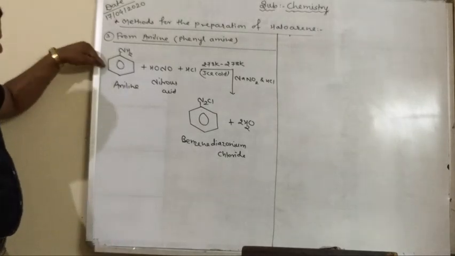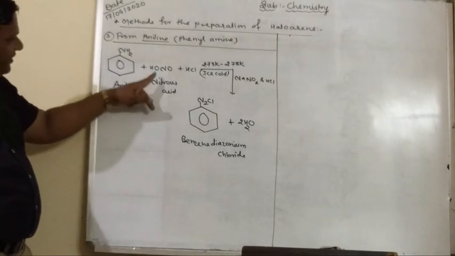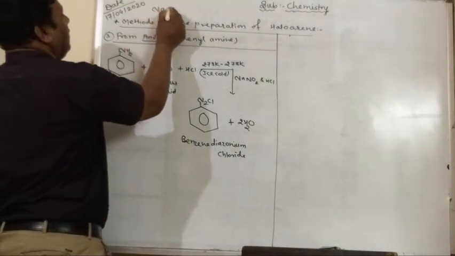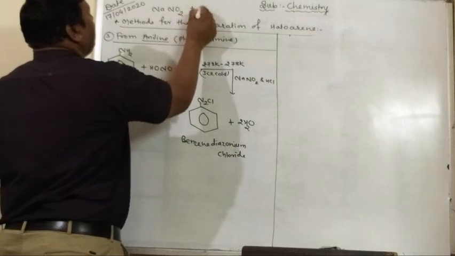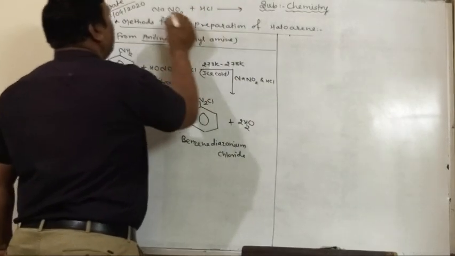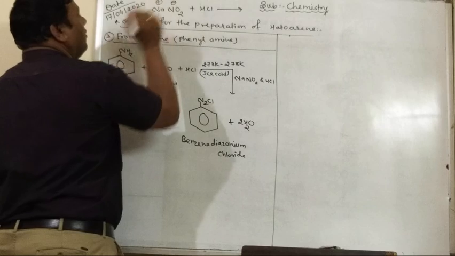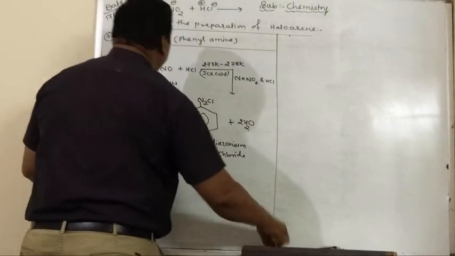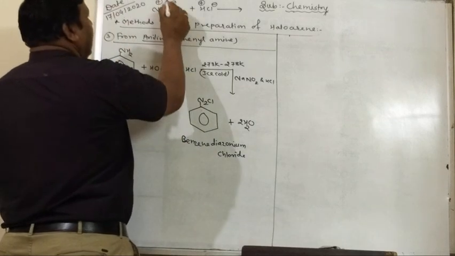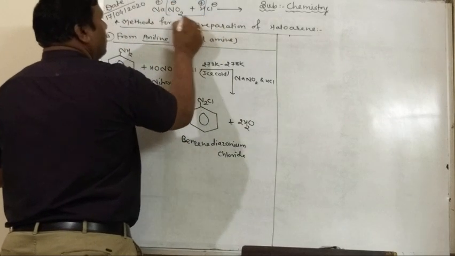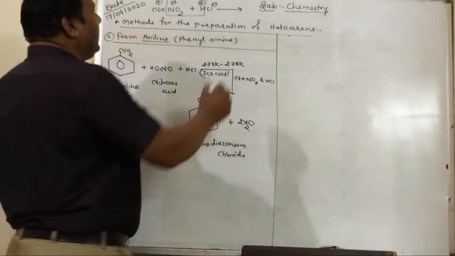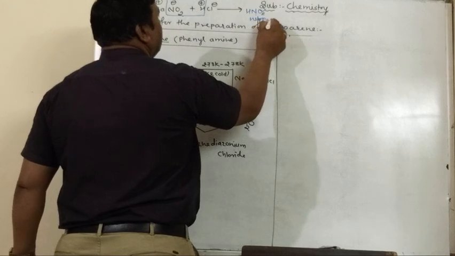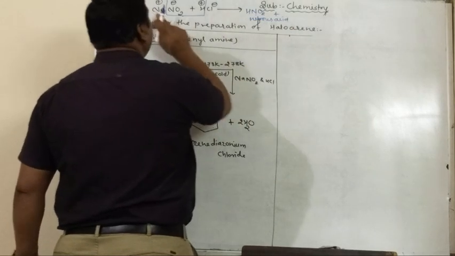Again I repeat it, the aniline reacts with nitrous acid. Nitrous acid is HNO2. So how will it be prepared? NaNO2 plus HCl. Now Na plus NO2 minus, add here H plus Cl minus. So you will get HNO2, that is nitrous acid, and removal of NaCl.